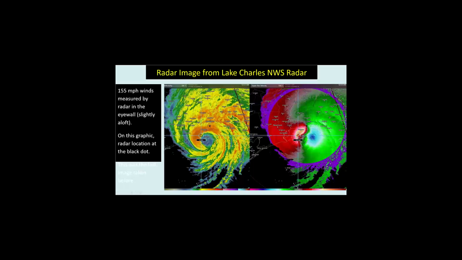But it can also measure how fast the raindrops are moving, either toward or away from the radar. What I'm showing you here is the radar was measuring 155 mile per hour raindrops blowing away from the radar. So that gives you an idea of a radar measurement of the winds in that zone along the western part of the eye wall. Very, very strong winds.